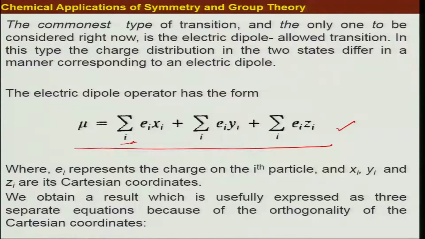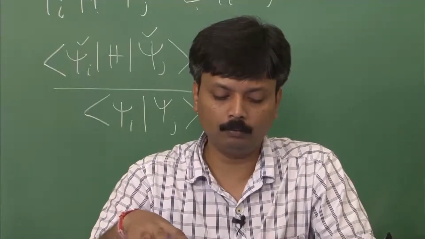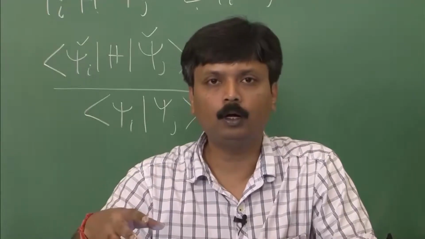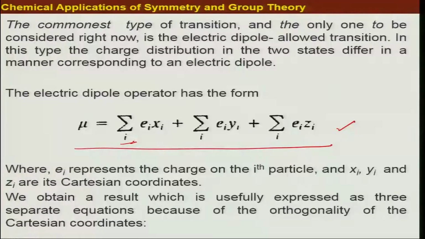This is the beauty of this orthogonal coordinate system x, y, z. Why so? Because I can separate the different contributions of mu along the x, y and z directions, and express them just by the sum of the three coordinates, and they are not dependent on each other. So, I can separate them out very easily as shown in this equation.